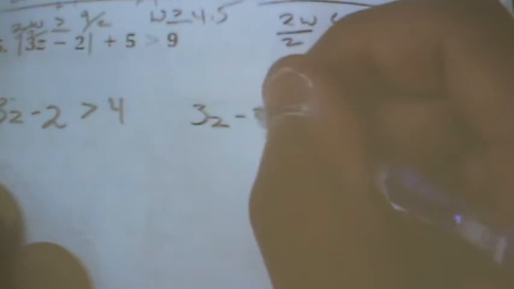So you know it's gonna be -5, so we're gonna write it as 3z minus 2 greater than 4 or 3z minus 2 less than -4. And 3z.